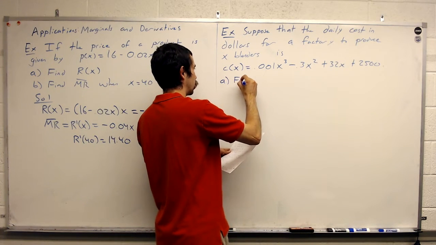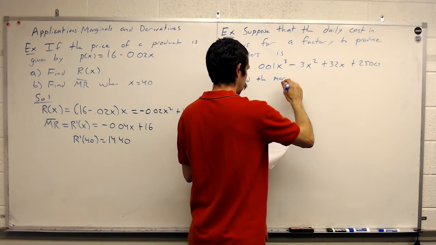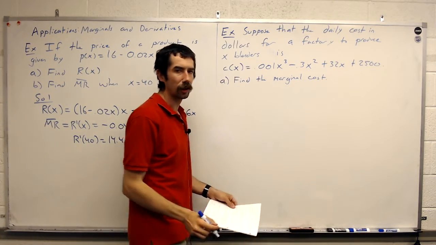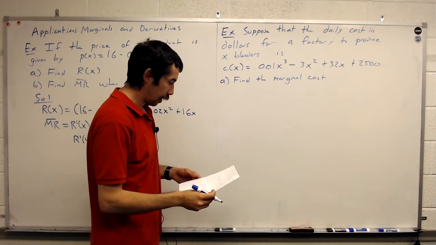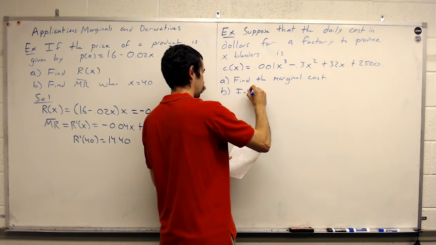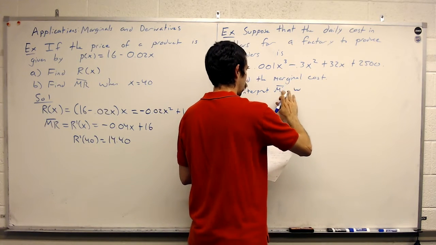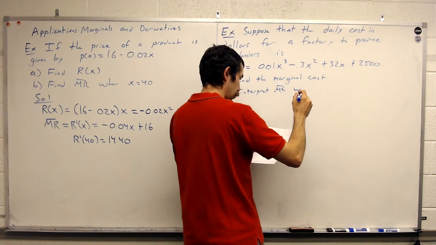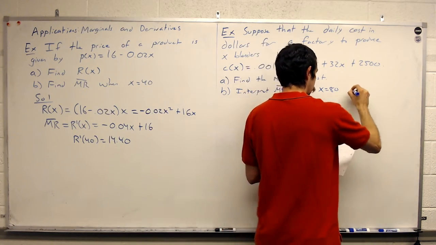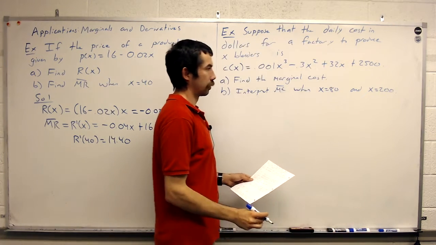Let's find the marginal cost function, and let's interpret the marginal cost when x equals 80 and x equals 200.